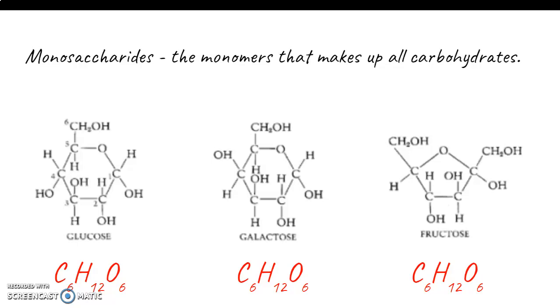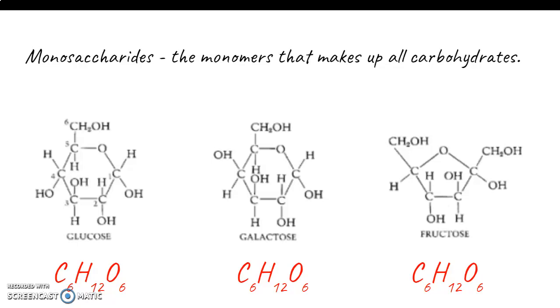You'll notice that on the bottom I have the chemical formula listed for each one of those, and strangely, they all happen to be C6H12O6. Well, how's that possible? How can three different monosaccharides have the same chemical formula? Well, you can probably guess that although they have the same parts, those parts are not put together in the exact same way, and therefore they are slightly different versions of each other.